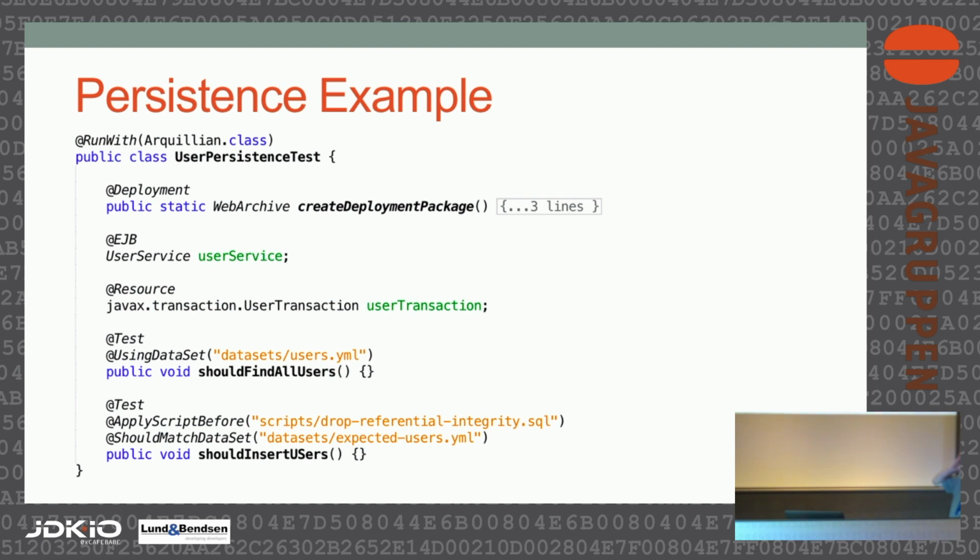There's tons of control with it, so in this case, the second test, I'm saying apply this script before I run the test, and then it should match this data set after it's done. So I can check to make sure, did my DAOs correctly insert all of the fields into the database? Was the state of the database correctly mutated as a result of the test?